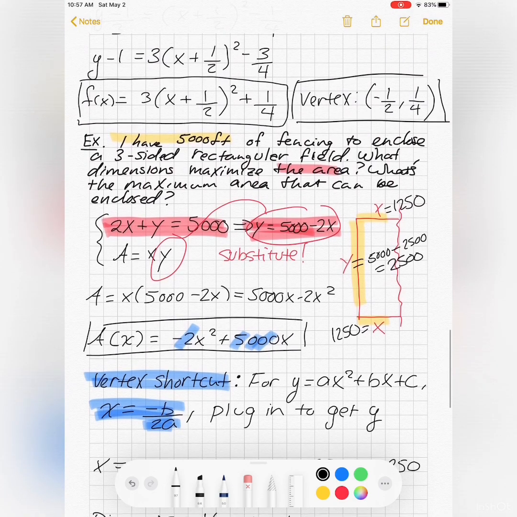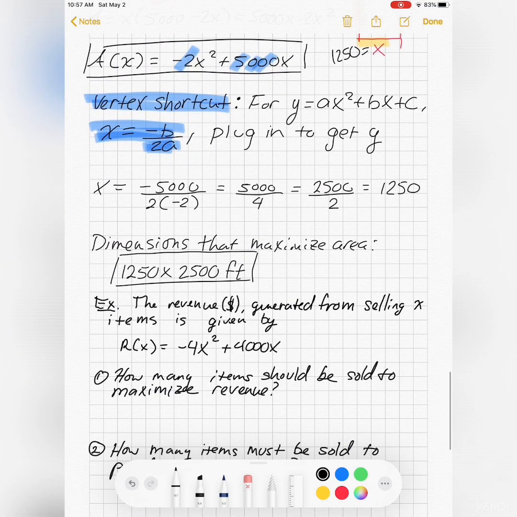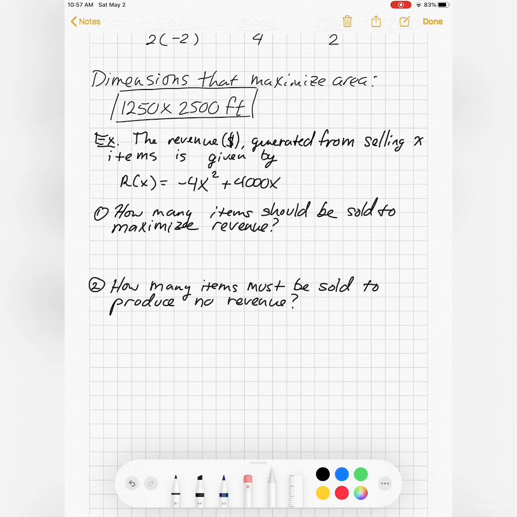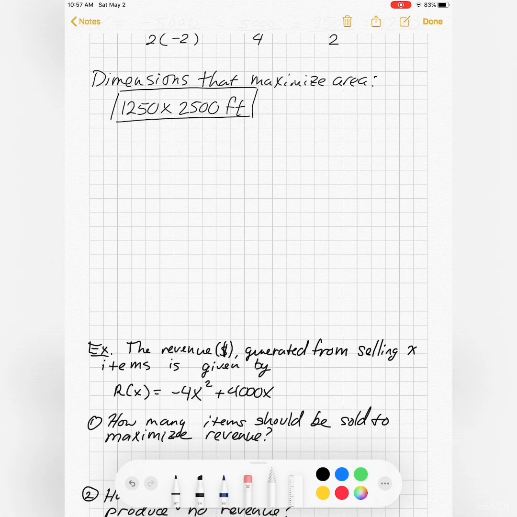Then what else did it ask me? It asked me, what is the maximum area? Okay, so I gotta move this one more time. So how do I actually find the maximum area? I can think of 2 ways. Well, the area is just x times y, right? So couldn't I actually just multiply that 1,250 by 2,500? So that's one idea.